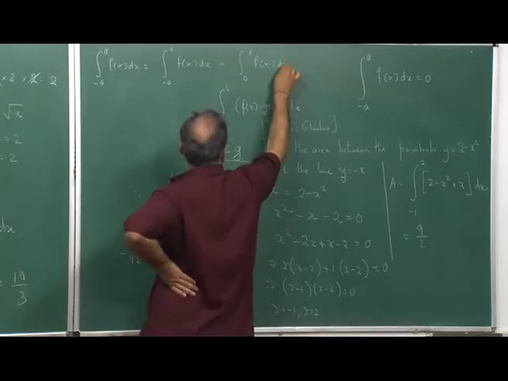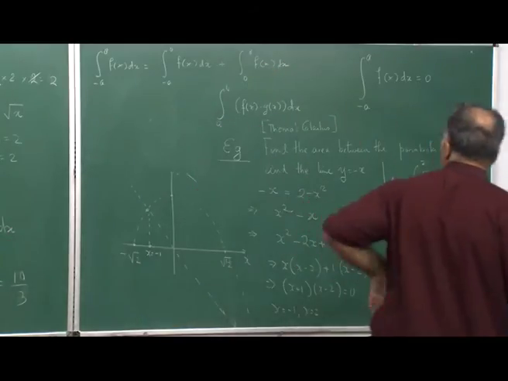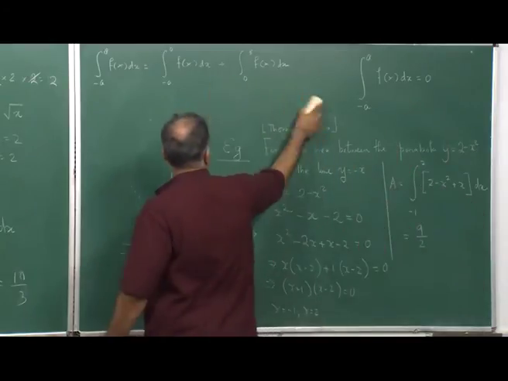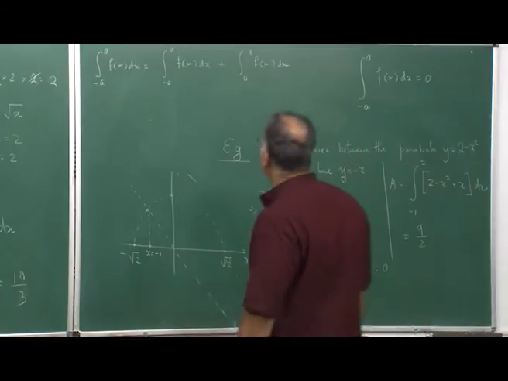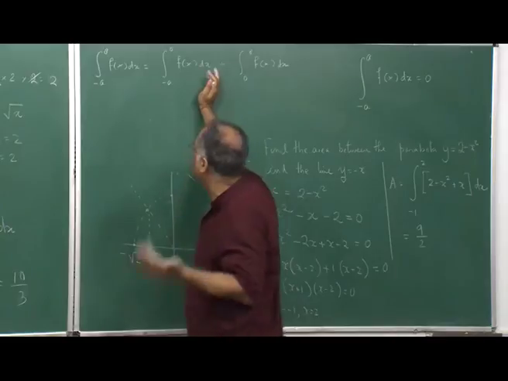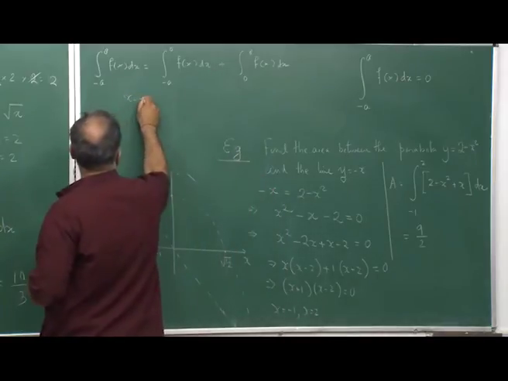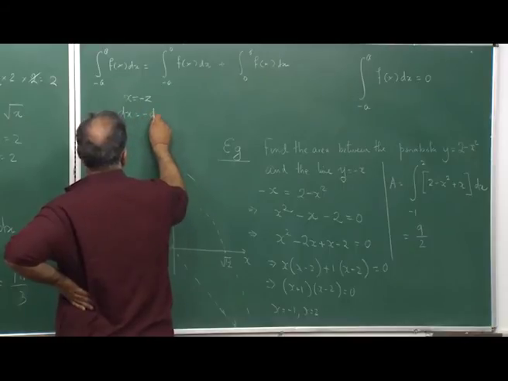I am not doing the other part which is already done. This is an exercise in Thomas and Finney's calculus, asking you to prove this. So, what do you do? You substitute x equal to minus z. So, dx equal to minus dz.